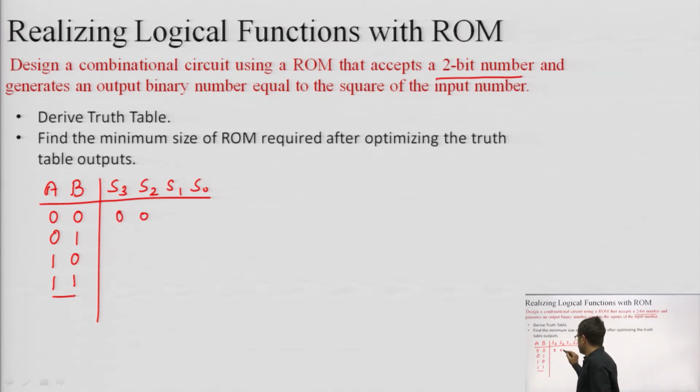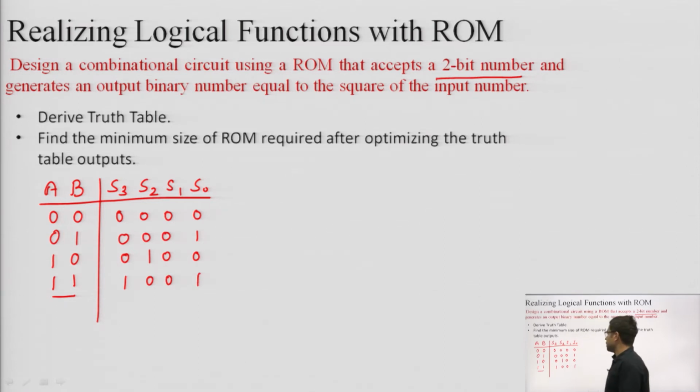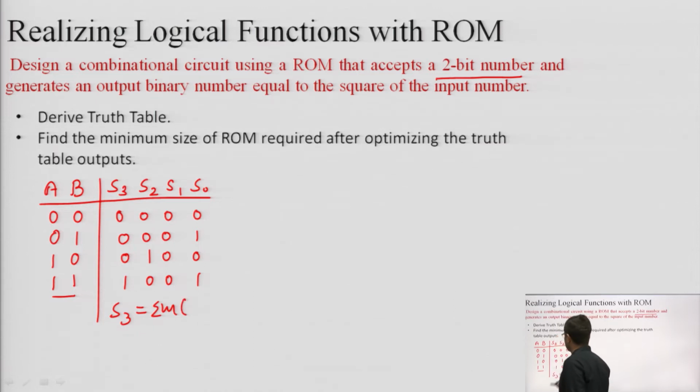So, 0 square will be 0, 1 square will be 1, 2 square will be 4 and 3 square will be 9. So, this is a table. Now, I can check that S3 is equal to this 1 1, if I denote these as M0, M1, M2 and M3.